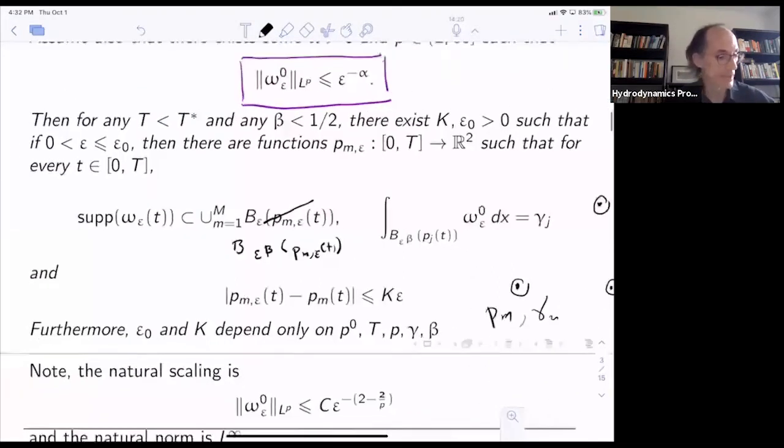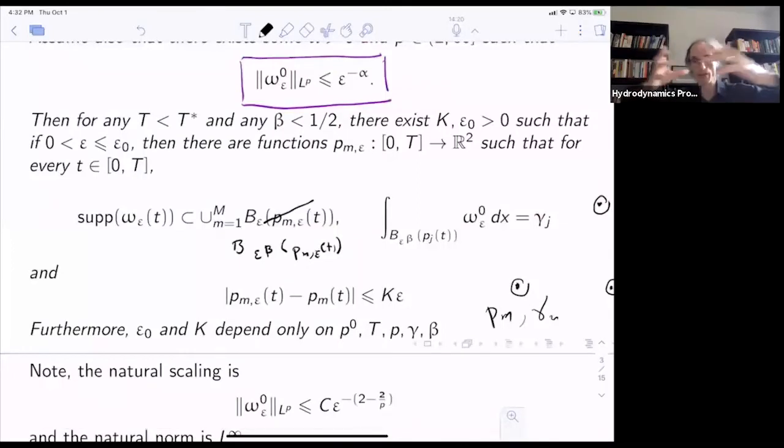Okay, and so that's the role of this beta. Of course, making beta smaller makes the ball bigger, but we can get as close as we like to the square root of epsilon at later times.